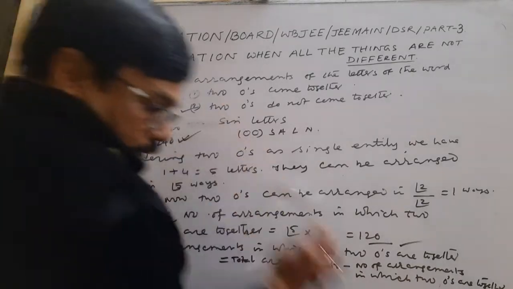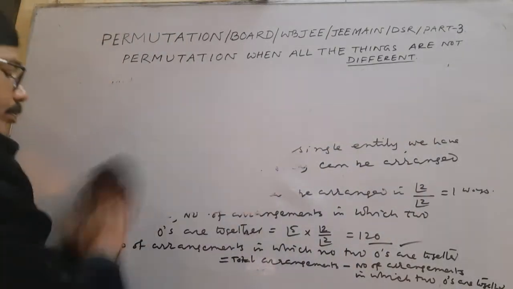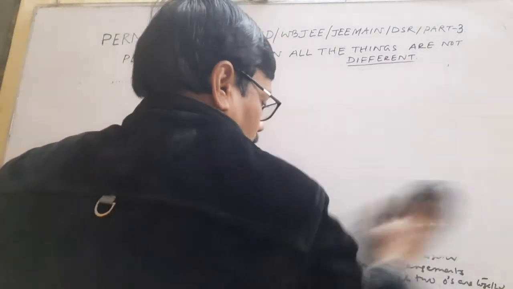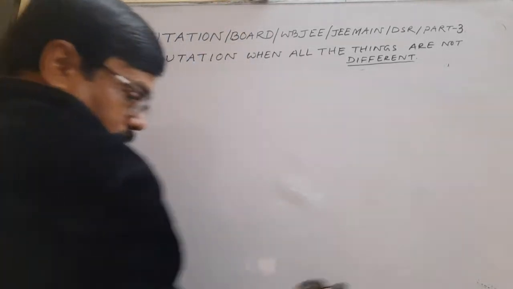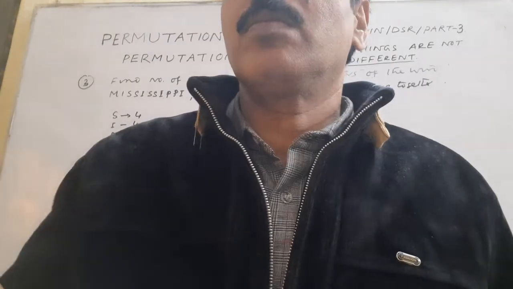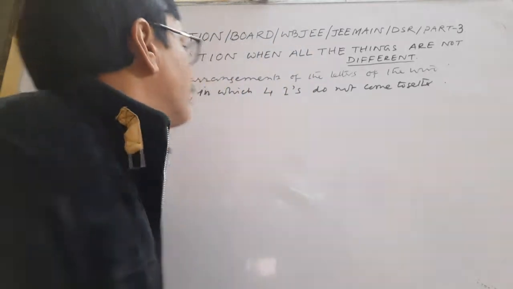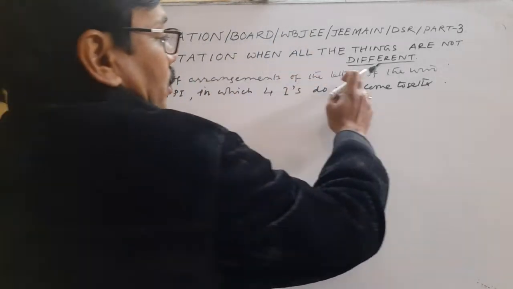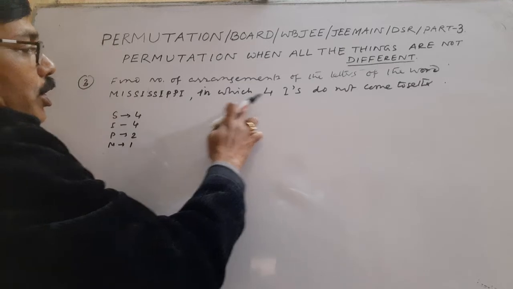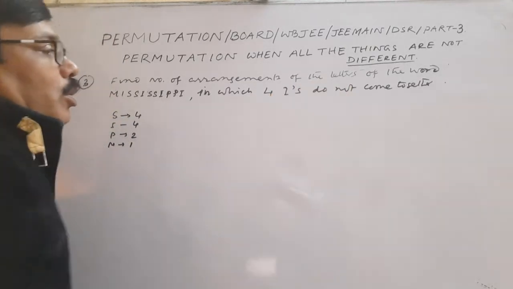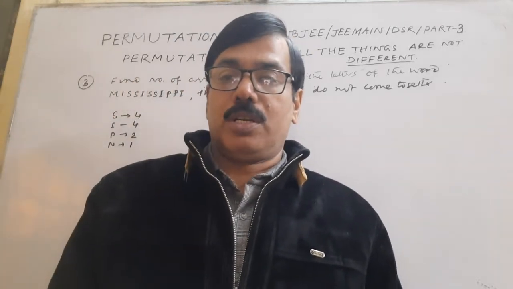Next, now exactly the same problem. Find the number of arrangements of the letters of the word MISSISSIPPI in which 4 I's do not come together.